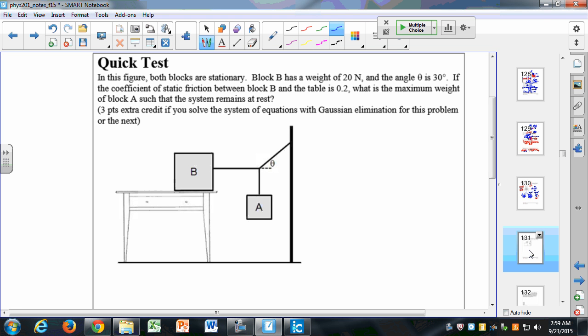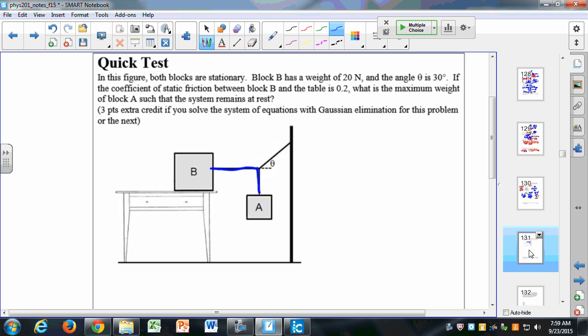All right, so here where I have two bodies, what I want to do is treat the two bodies separately and draw all the forces that act on the individual bodies. So here I have block B and I have block A. They're connected by strings. We can think that they're connected by rigid rods, if you will, because they don't change shape.